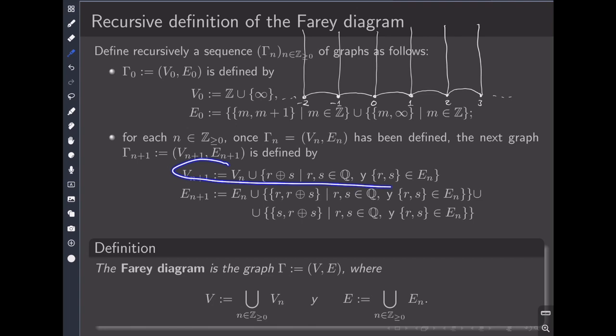Besides the vertices we already had, we introduce the naive sums between points that are already connected by an edge. So in other words, all the vertices that were already constructed go in, but also for every edge I take the mediant, the naive addition, and I put it as a vertex as well. And I do this for each edge.